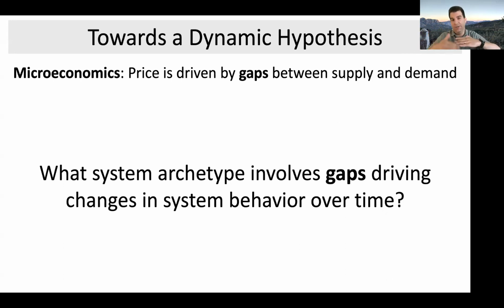But if we just assume the set point is fixed, is there a simpler answer? What archetype is even simpler than drifting goals that represents this idea of a gap between desired and actual, causing the system to either dump something in or pull something out in order to try to regulate the actual to the desired?